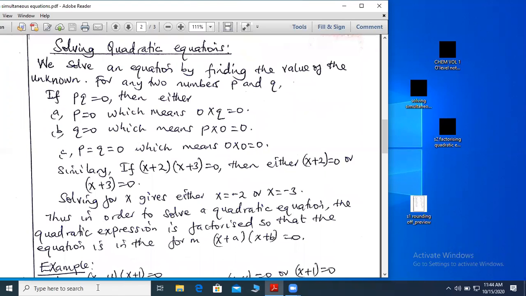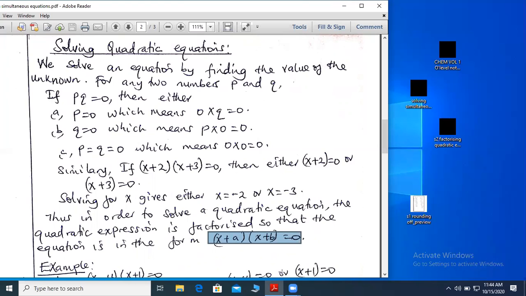So thus, in order to solve a quadratic equation, the quadratic expression is factorized so that the equation is in the form x plus a into x plus b. So if you want to solve a quadratic equation by factorization, you have to first factorize it and make sure that it is in that form.